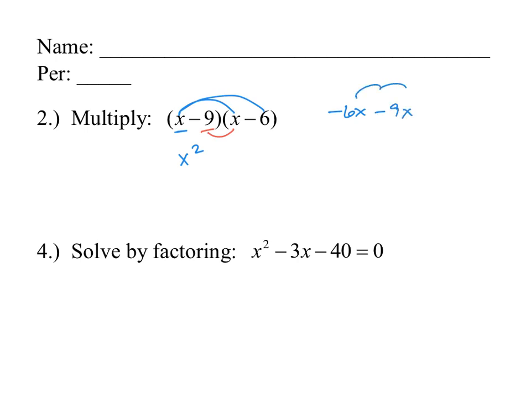So this is what you're keeping track of in your head: the product of the outside terms plus the product of the inside terms. -6x plus -9x is -15x. And then the last thing we need to do is continue distributing the -9, so we multiply -9 times -6 for a final answer of 54.